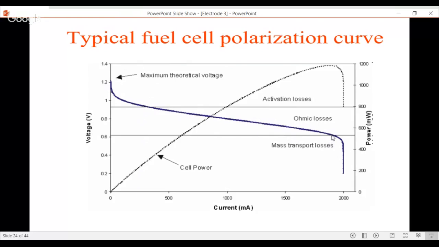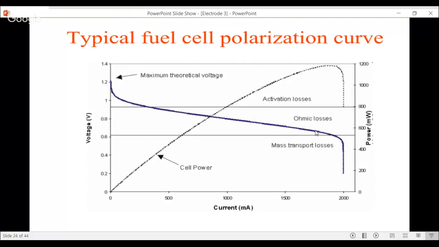Then up to 1.5, 1.6 amperes, the voltage drops to 0.6. After that, it is steeply falling down. This region is called the mass transport losses. The nearly linear portion.